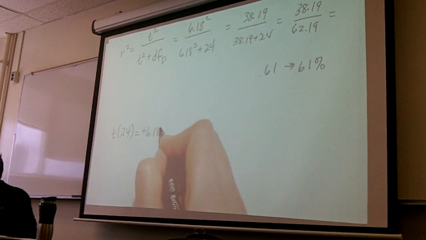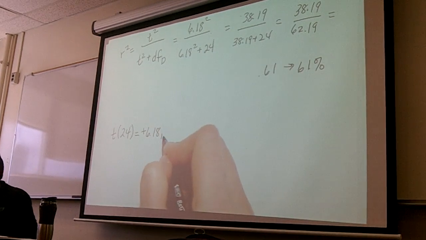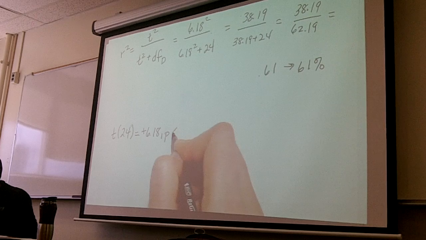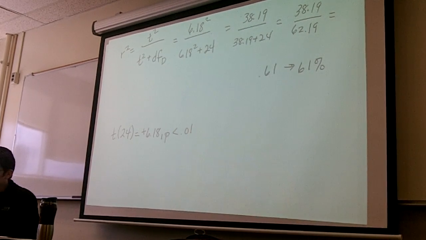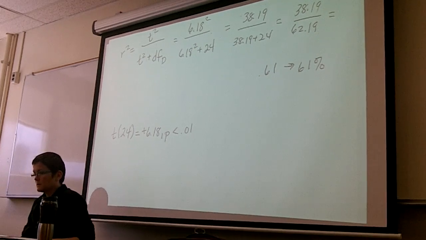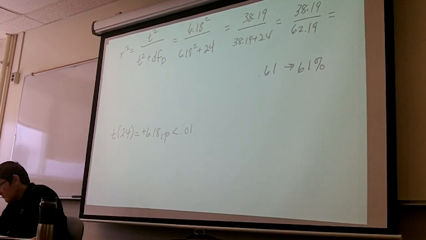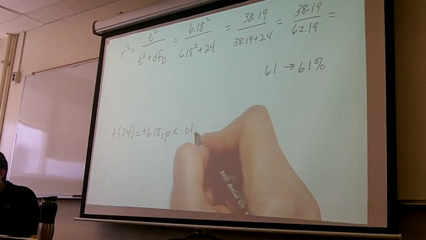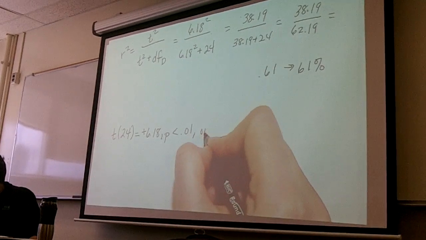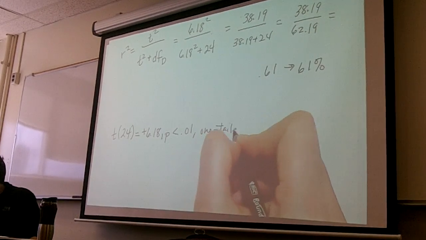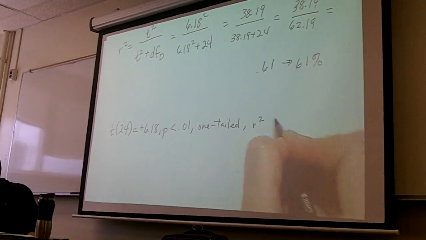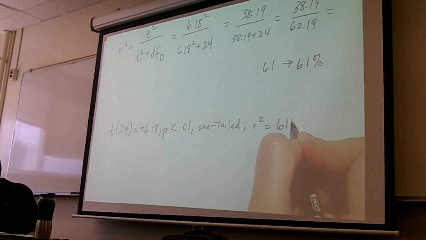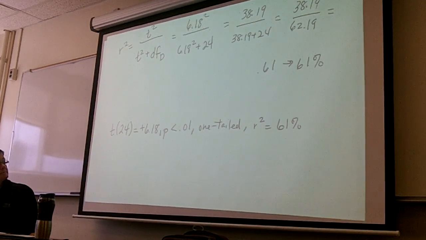Oh, wait. Was it 0.01 or 0.05? 0.01. Okay. Comma. One tail. Okay. Comma. R squared, 61%. Yep. There you go.